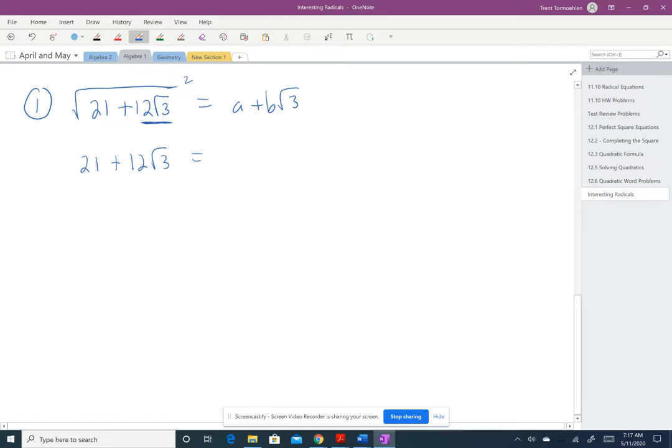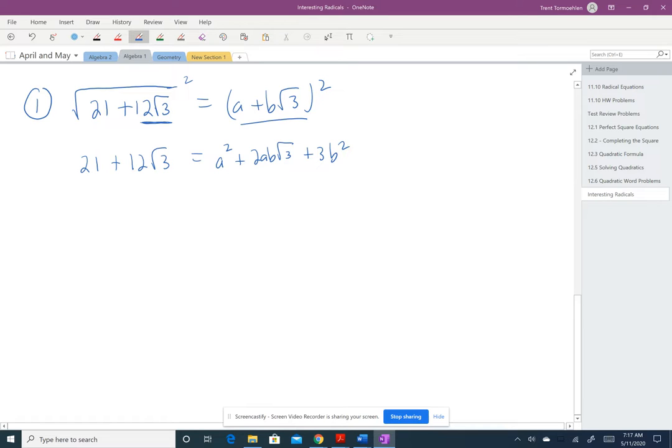Now, if there were two radicals inside there, then maybe you'd have two radicals, and we might do a problem like that later. Okay, so when I squared both sides, I have to square this whole thing. Well, like before, that's going to give us a squared plus 2ab root 3, right? The product of the two terms times 2, and then plus 3b squared.